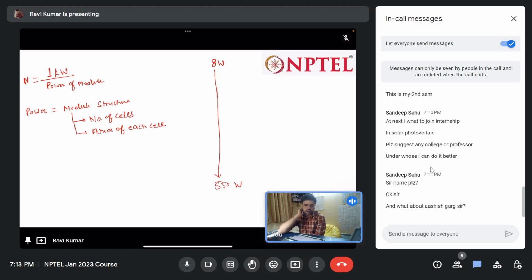I just applied and got this course. If you want to know about any internship opportunity, there is another TA who will be taking class, I think, tomorrow or the day after tomorrow. He is from Ashish Garg sir's lab only. So you can ask about Ashish Garg sir and whether they have any opportunity in their lab. They will be able to tell you.